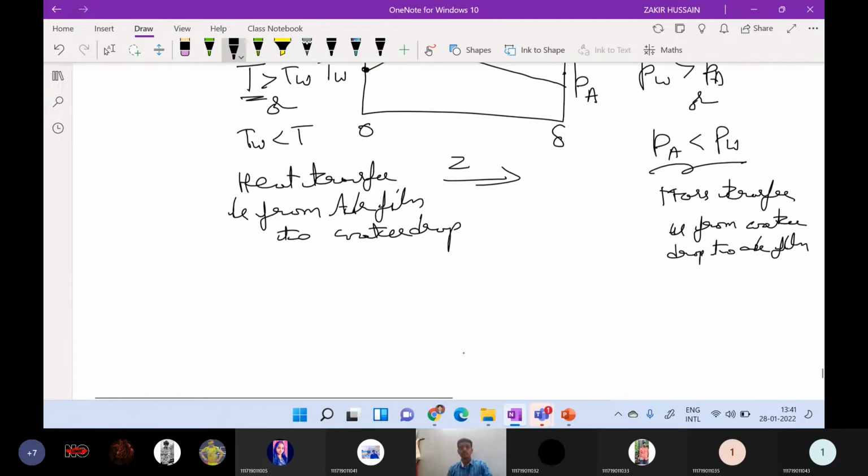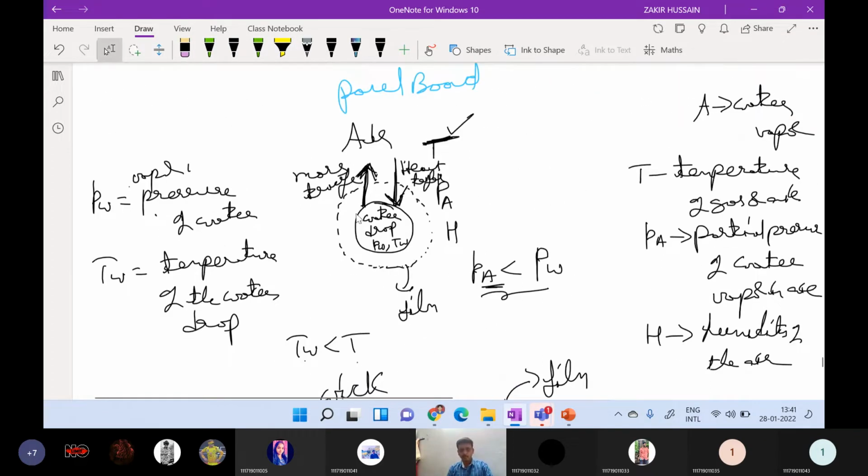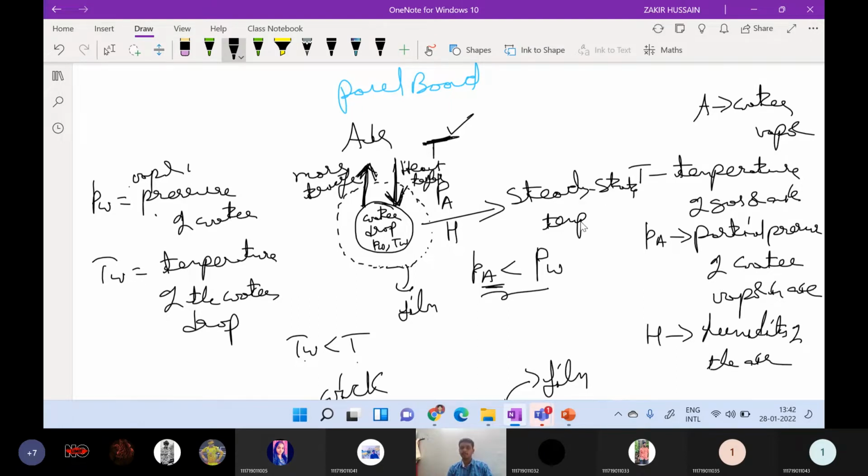Whenever these two are exchanging mass and heat simultaneously, the air film and the water drop are exchanging mass and heat at one single condition, at which the steady state temperature attained by this water drop plus air film is called the wet bulb temperature. The temperature at which a steady state point is attained is called the wet bulb temperature.